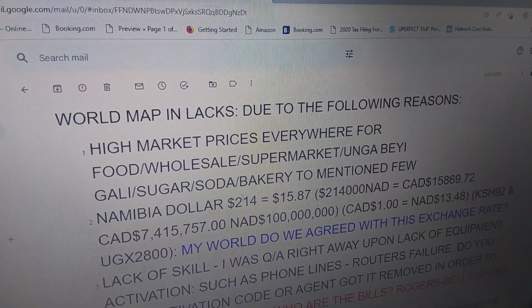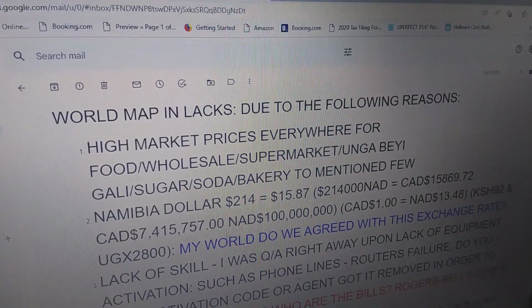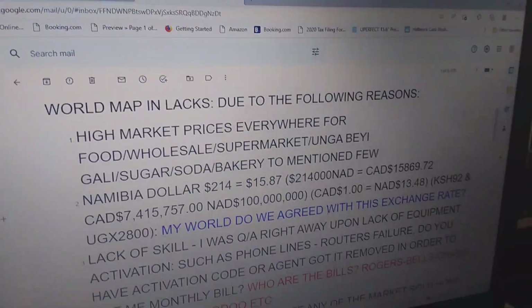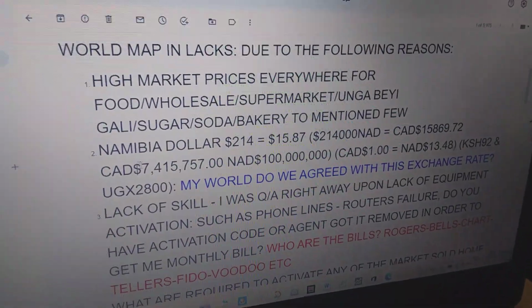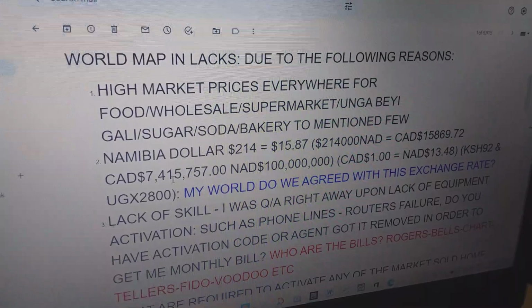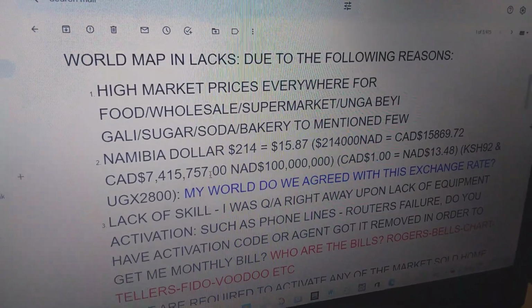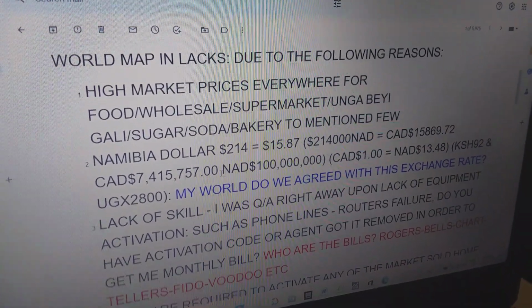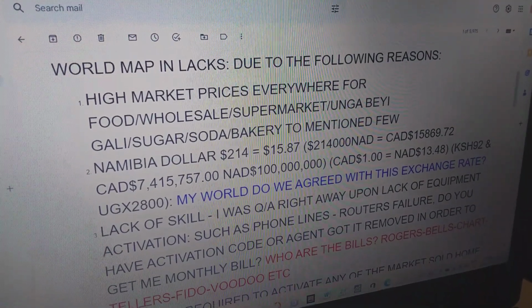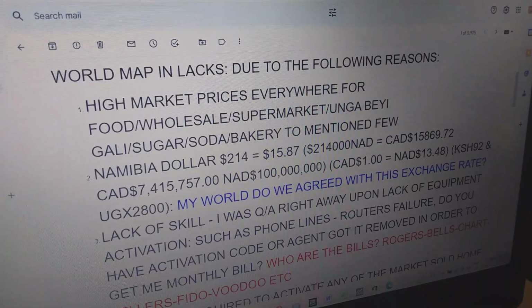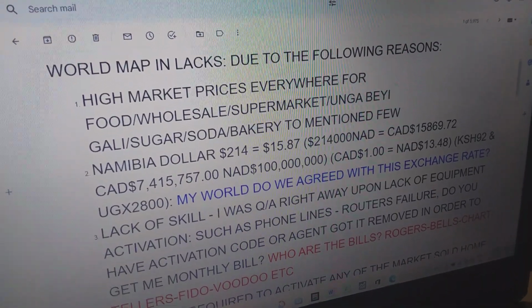So now let's take an example. If with that one we accelerate, you're going to agree with the world exchange rate, and then what about these accelerations? We said Canadian dollars 7,414,757 dollars. If we exchange it to nuts, that is roughly 100 millions Namibian dollars. 100 millions.